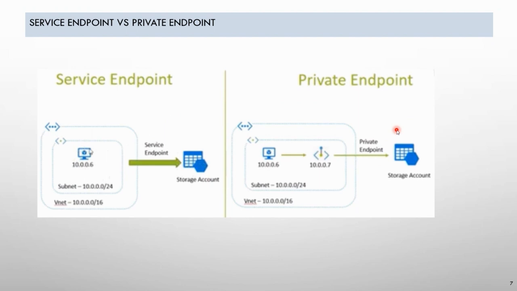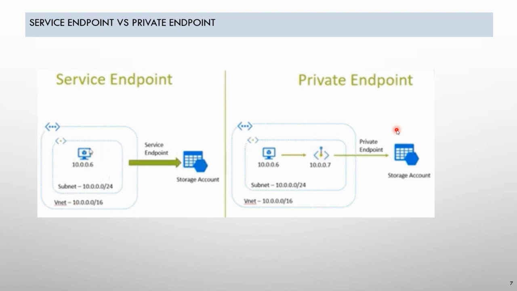Similarly, the service endpoint. If you have created PaaS-based services, and you want your virtual machine or any other resource to connect to them, you can take the help of a service endpoint. Take the example of a virtual machine that wants to put data into a storage account. You want to connect to the storage account via a private channel.